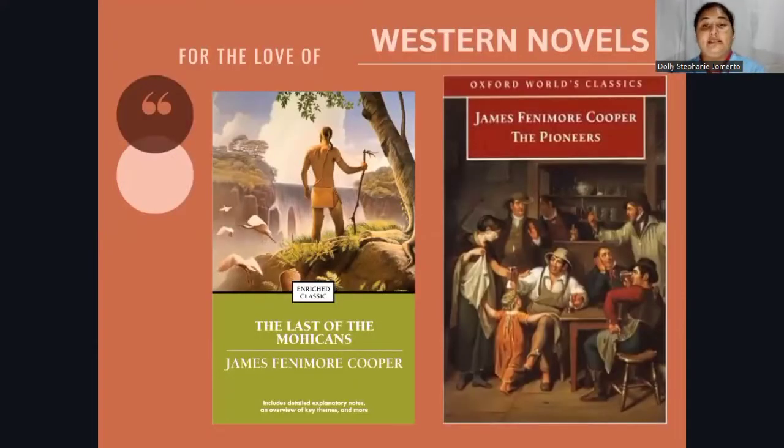Shown in the slide are examples of Western novels that are primarily set in the American Old West between the late 18th century and late 19th century and tell the story of cowboys, settlers, and outlaws exploring the Western frontier and taming the Wild West. So the characters, the settings, and themes of Western novels are highly specific and belong exclusively to the Western genre.